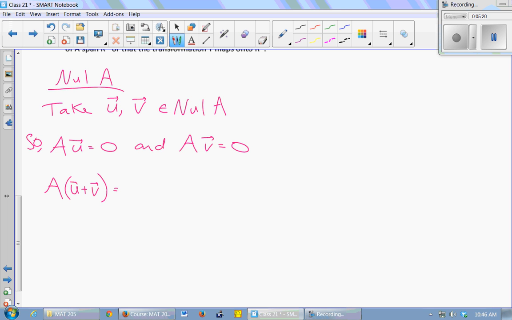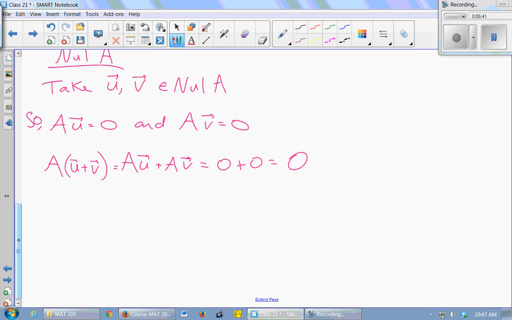I can distribute the A: Au plus Av is 0 plus 0, which is 0. So I have two random vectors in the null space, and their sum is also in the null space. So I've shown closure under addition.